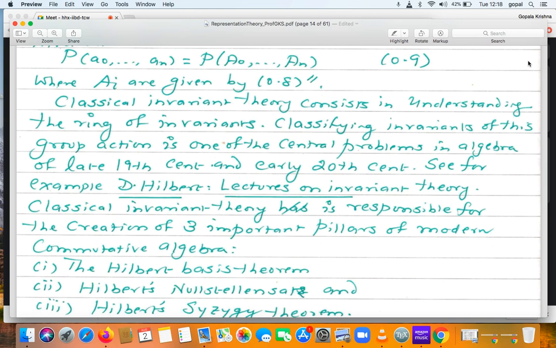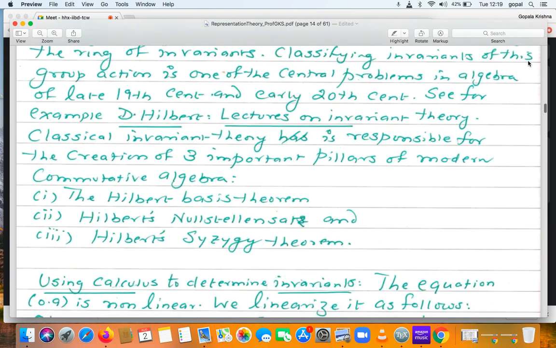But later on, Hilbert discovers what is today known as Hilbert's Nullstellensatz. I'll describe to you briefly what Hilbert's Nullstellensatz is. And he uses this Nullstellensatz to explain how you can actually determine the ring of invariants.